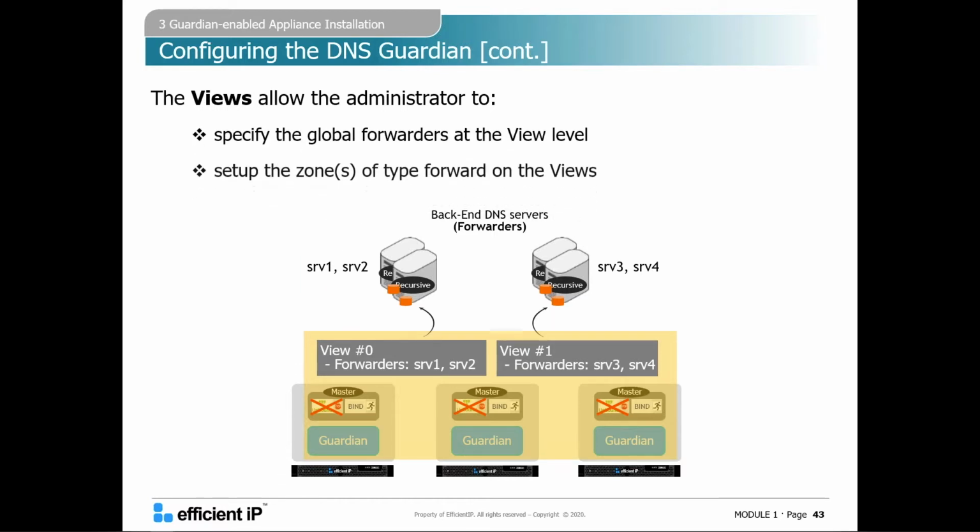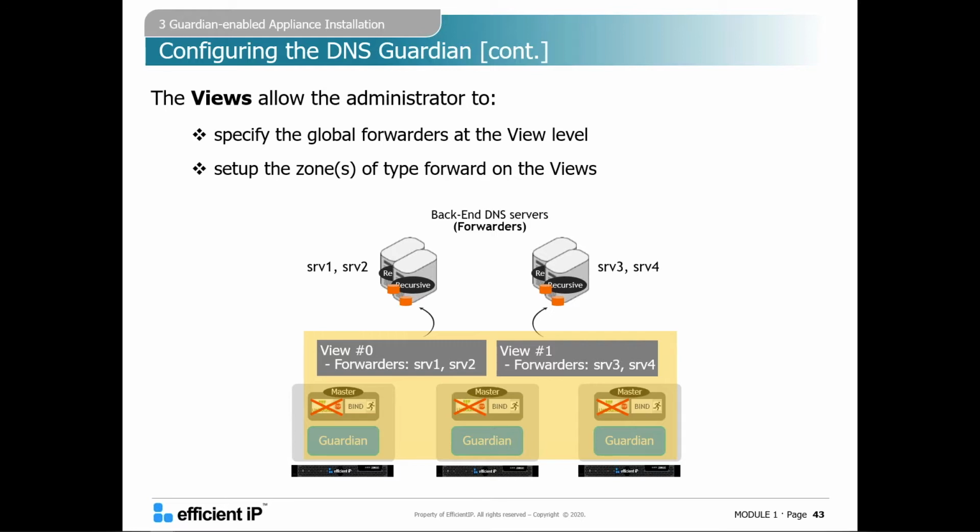Okay, the DNS Guardian also supports views, right? Because BIND has views, so the DNS Guardian also has views, but the number of views is limited to a maximum of 8 views, because that is the Guardian limitation. So in order to support views, yes, the DNS Guardian can support, but anything more than 8 will not be supported.